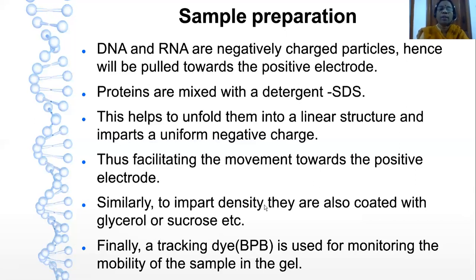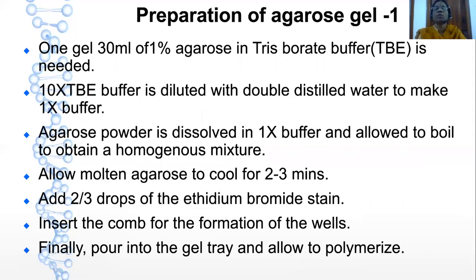So to impart density, the samples are also mixed with molecules like glycerol or sucrose. And lastly, to visualize with the naked eye, we need a tracking dye called bromophenol blue, which is used for monitoring the mobility of the sample in the gel while electrophoresis is in progress.